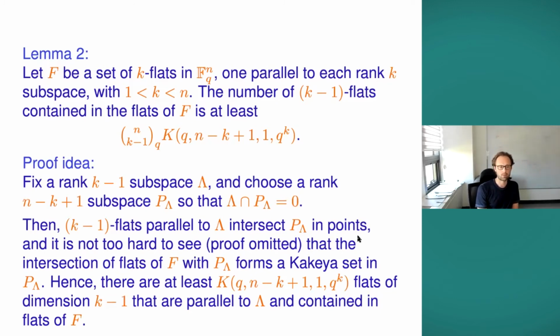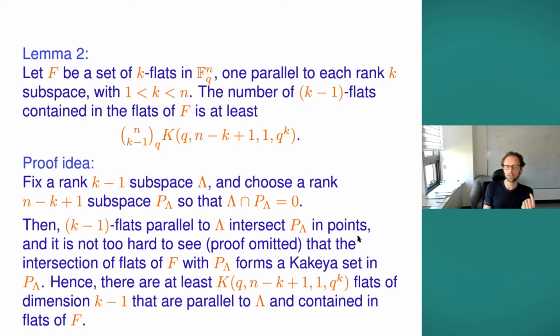And what we do is we fix a rank k-1 subspace, so some direction lambda, and we're going to show that there are a large number of k-1 subspaces parallel to this fixed subspace lambda that are also contained in the flats of F. The way we do this is, let's take the intersection of our flats of F with some subspace P lambda that intersects lambda in a point.